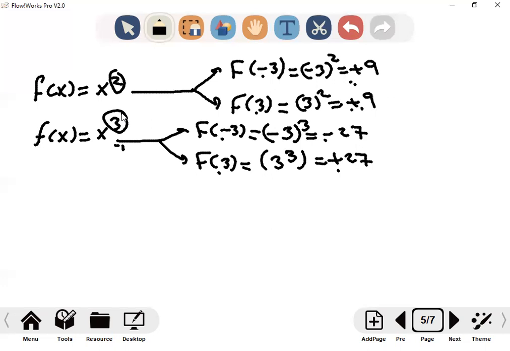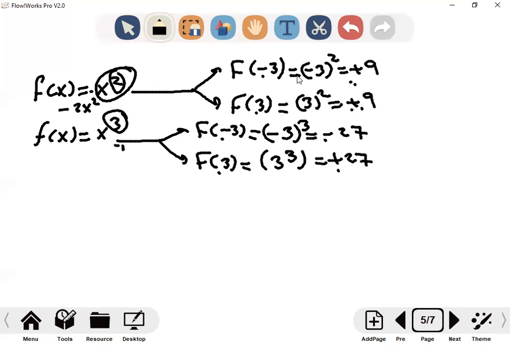Got it? Fine. When this power gives a negative, and before it there is a negative number, if I add here negative 2x power 2, it will be negative 2 multiplied by this value, right? Negative 2 times positive 9 turns to negative 18.